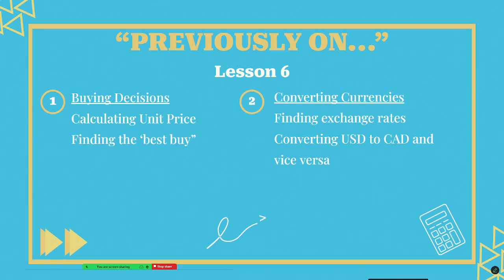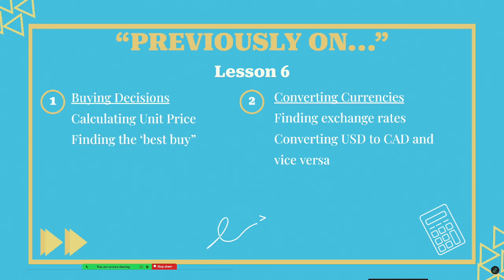Today we are going to cover Lesson 7. Yesterday we finished Lesson 6, which took us 2 classes. We talked about buying decisions, where we calculated unit price and finding the best buy, how to get the most bang for your buck. Then we finished off with converting currencies.